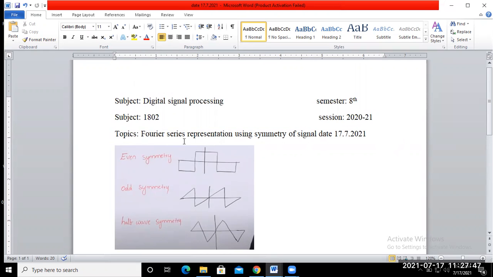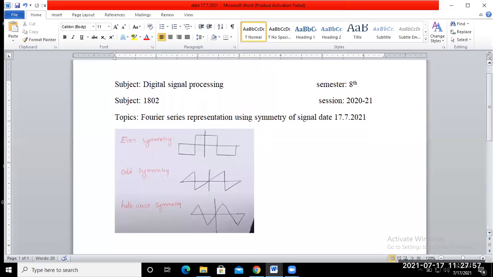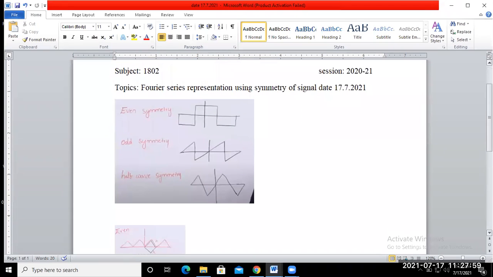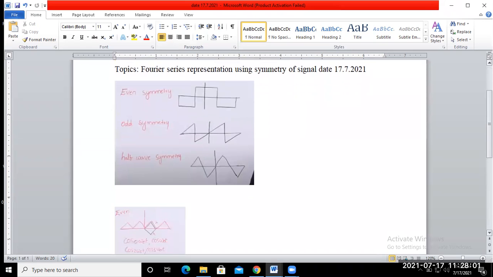Today we are going to discuss Fourier series representation using the symmetry of the signal. I already have some waveforms here, and I will explain these waveforms of various types of symmetry. What is the condition of the different types of symmetry: even symmetry, odd symmetry, and half wave symmetry?